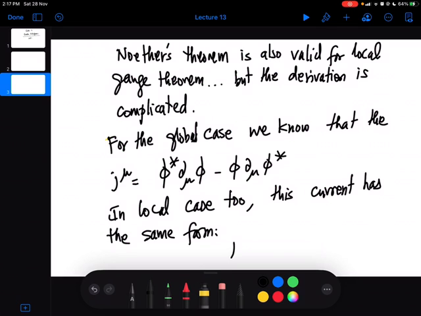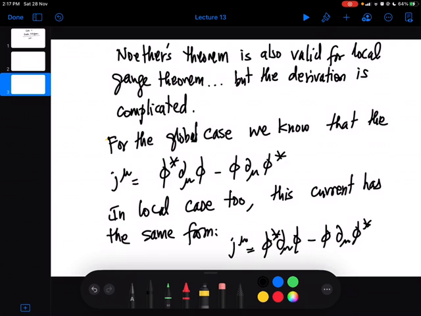Actually, you can just derive it from the equations of motion: phi star del mu phi, del mu phi star, but there is a slight correction here.